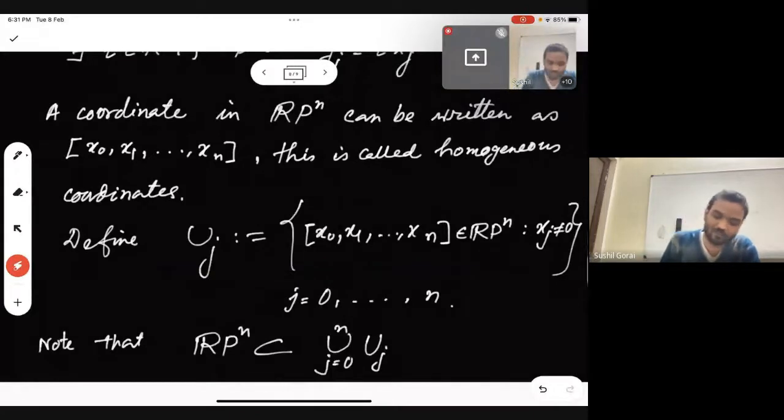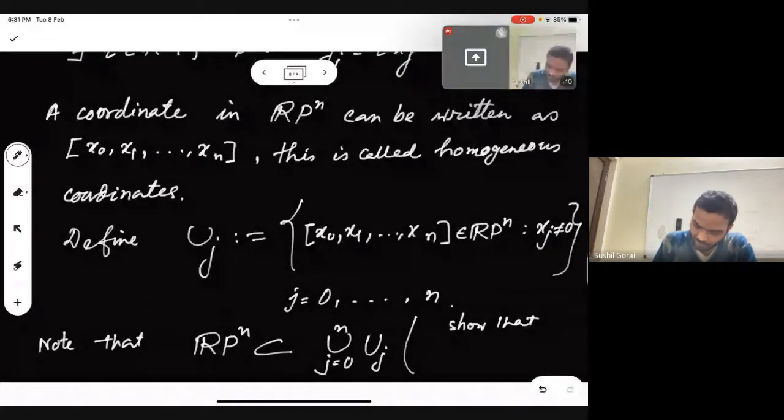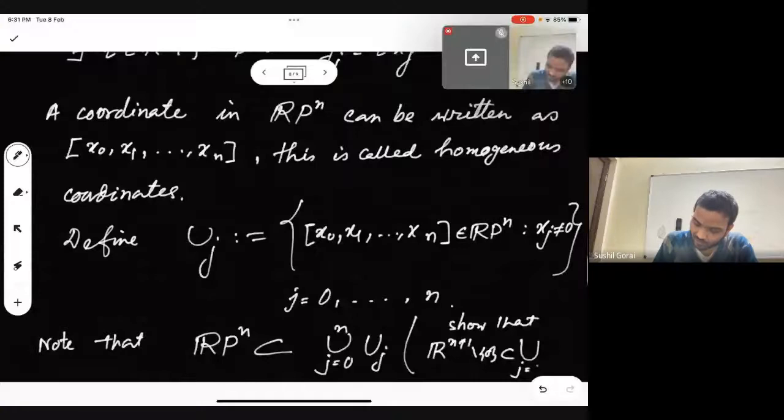So you look at pi inverse of Uj. I leave you to show that R^(n+1) minus the origin is contained in the union over j equal to 0 to n of pi inverse Uj.